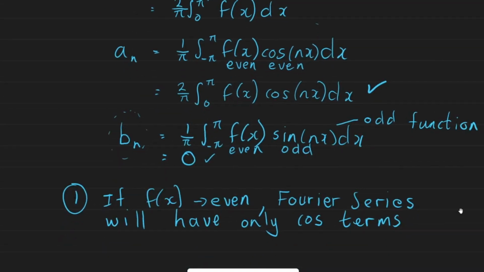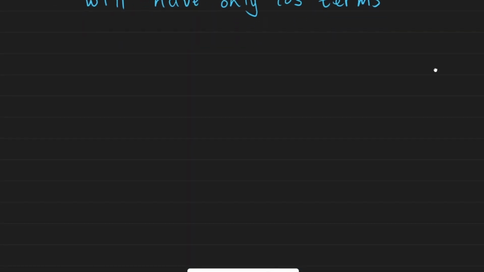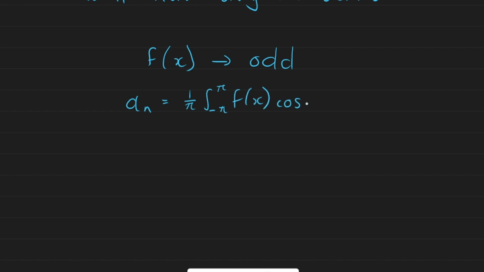So we just want to do the opposite as well. We want to consider f of x being an odd function. So if f of x is an odd function, then what we're going to have is an, as before, equal to 1 over pi, integral from minus pi to pi, f of x cos nx.